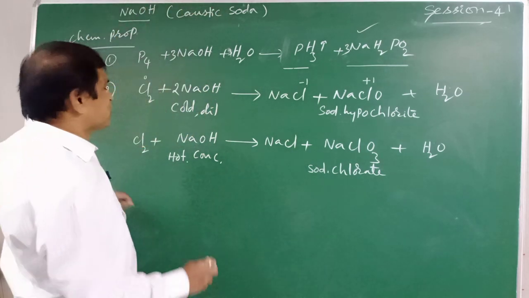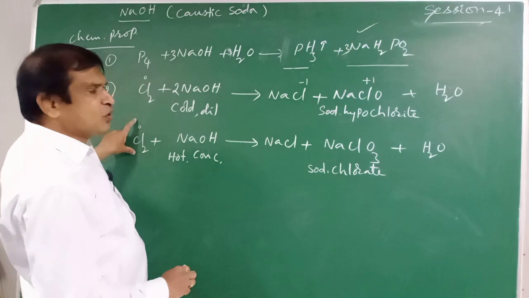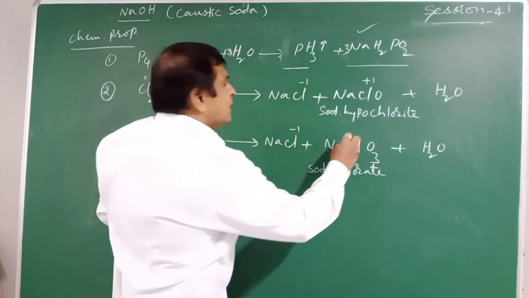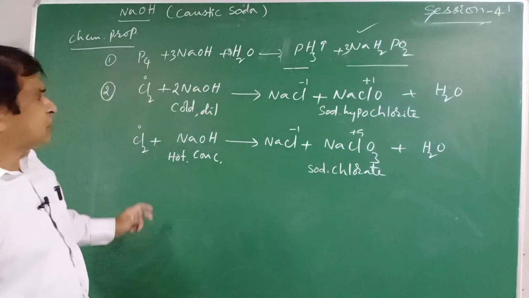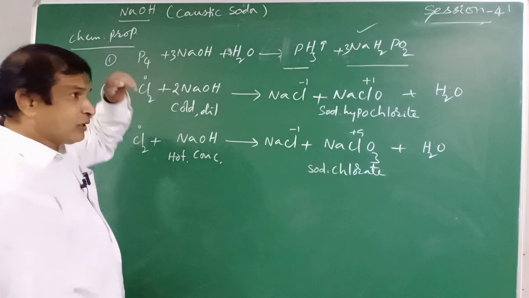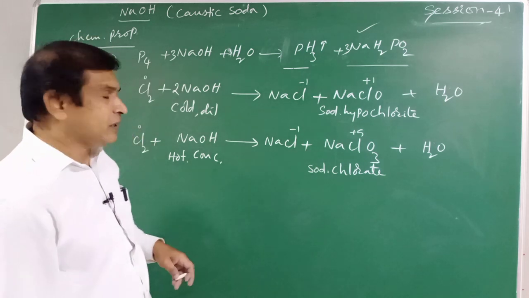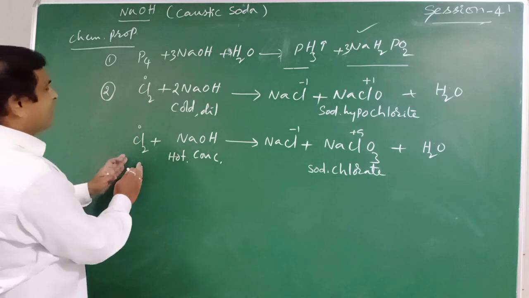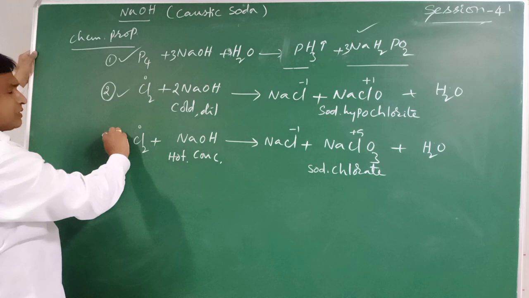It is also a disproportionation reaction. You can observe the change in oxidation state: chlorine is 0, in this product it is -1, and in this product it is +5. For the objective examination point of view, we have to remember the change in oxidation state of the chlorine atoms only. So this is reaction with halogens, and reaction with non-metals is completed.